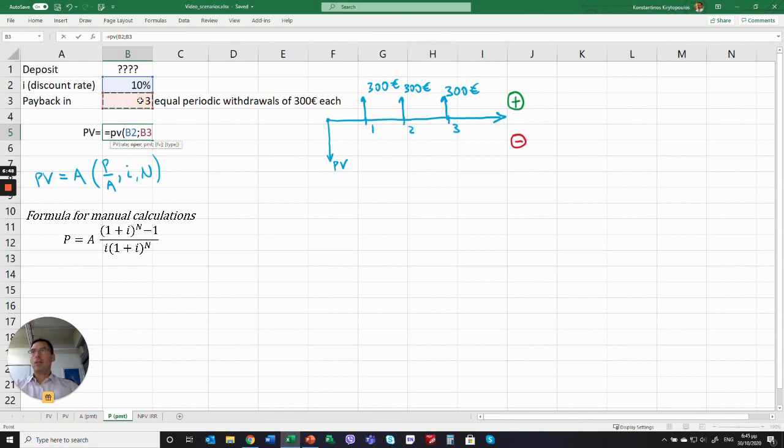Number of periods, again, this is going to be 3. And now I have a withdrawal of 300. So put 300 here, and there's no future value. That would mean I have to deposit 746.06 euros in order to be able to receive the equivalent of 300 euros for each of the next 3 consecutive periods.